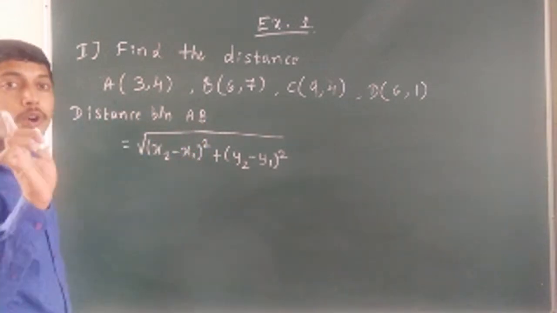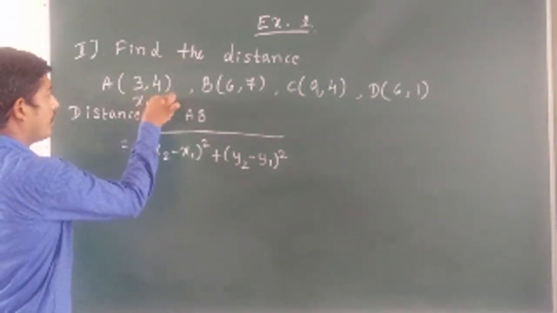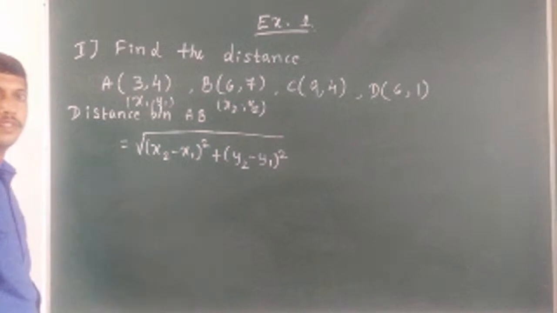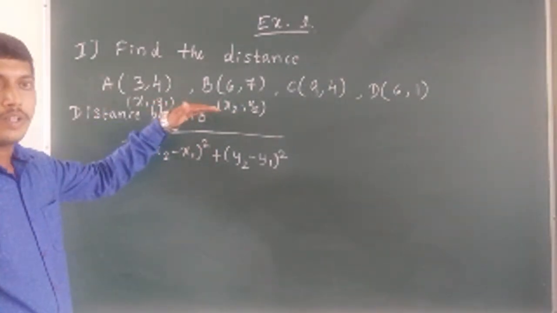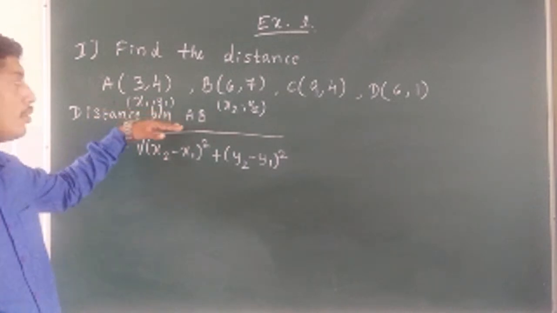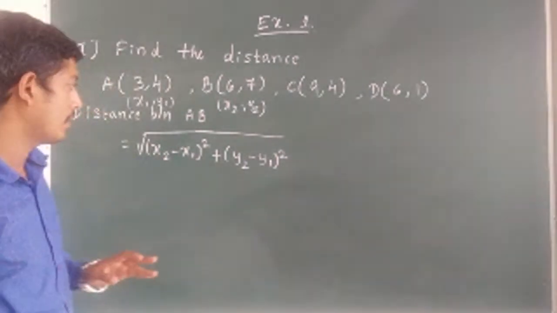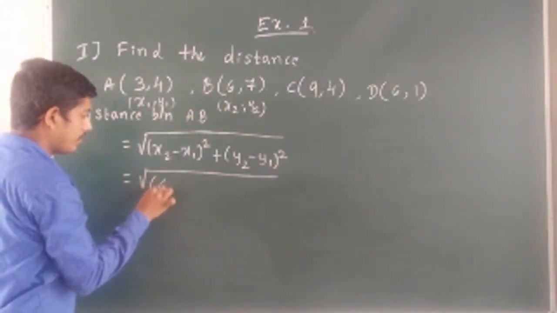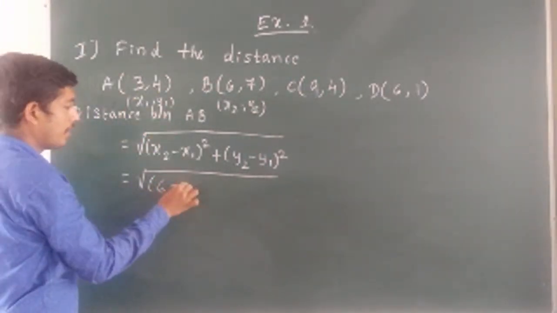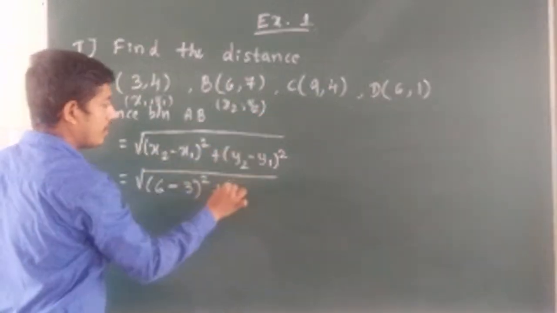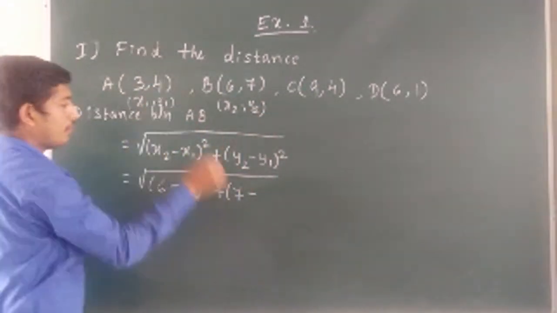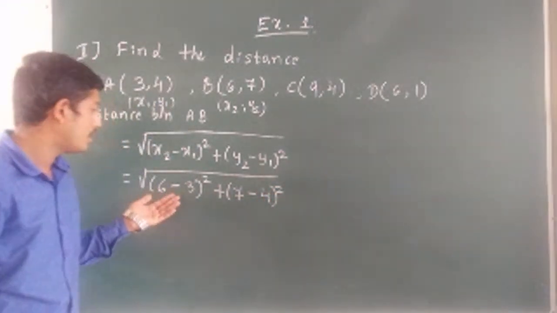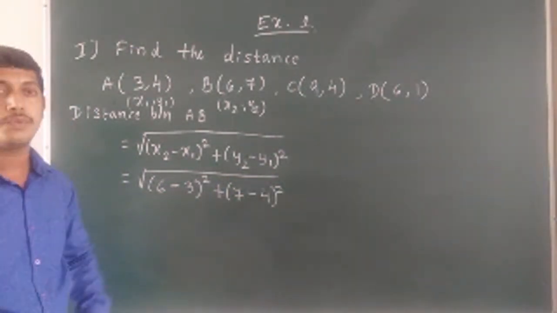Now I consider points A and B, therefore I will write the points as (x1, y1) and (x2, y2). You have to represent these coordinates as x1, y1 and x2, y2 by using the pencil. Now I will substitute the values. x2 is 6 minus x1 is 3 whole square plus y2 is 7 minus y1 is 4 whole square. Now comment with the answer.